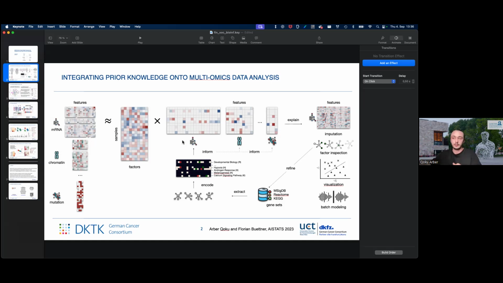Now, there's also another thing that may lead to having an annotated factor, and that is after training the model, if you provide biological information, then we perform statistical tests to test whether the factor is still significant to the prior annotation.